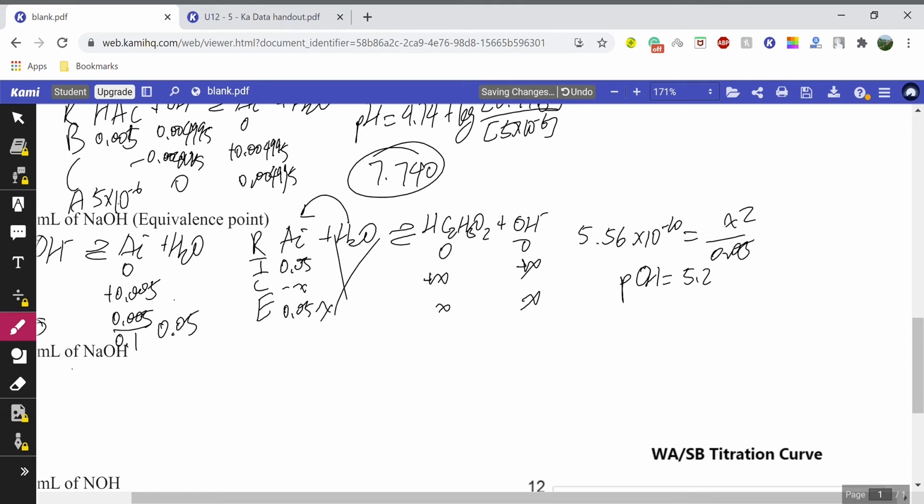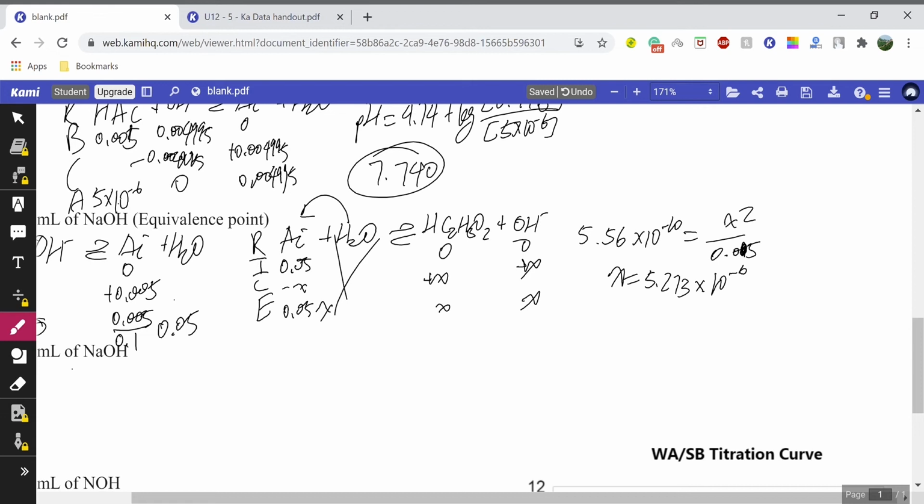Oh shoot. Sorry, this is going to be the X value. X is going to be 5.273 times 10 to the negative 6 power.